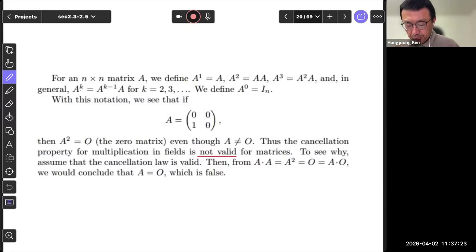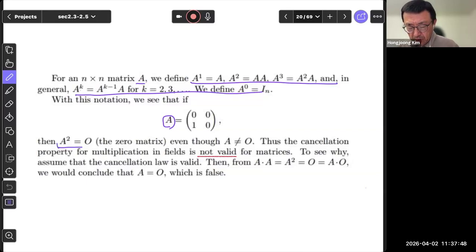And moments ago, we considered this for an n by m matrix A. We defined these powers of A. Given this matrix A, if you multiply A with A itself, you can get the zero matrix.